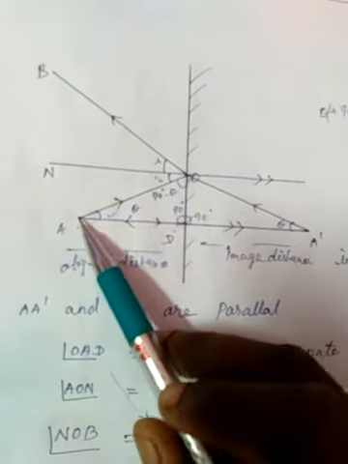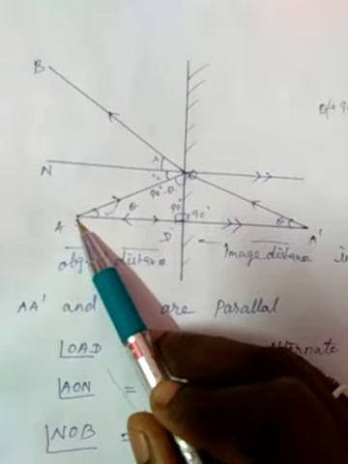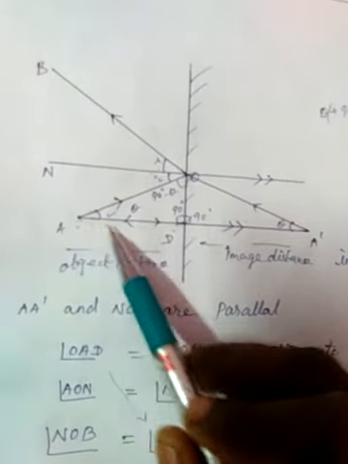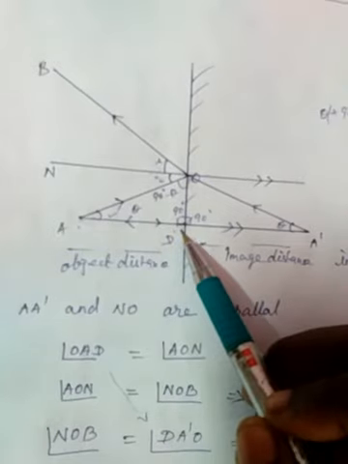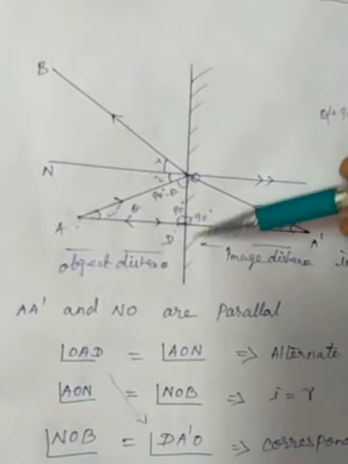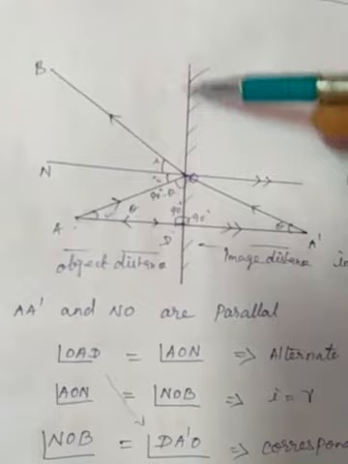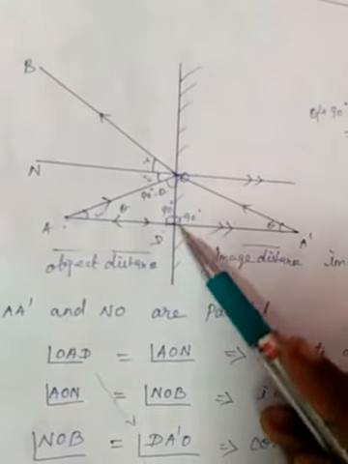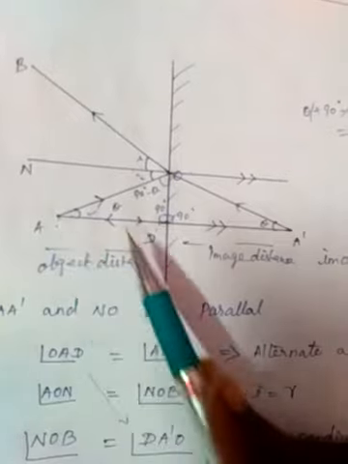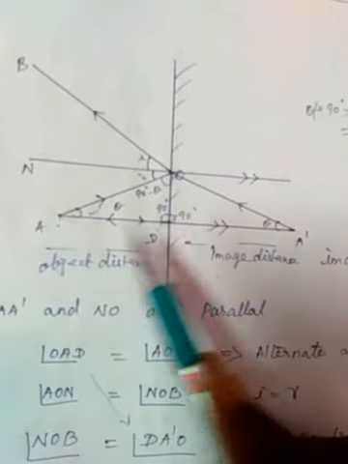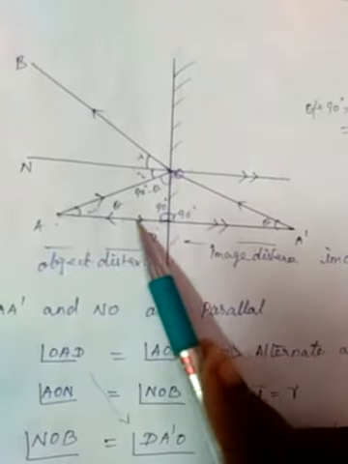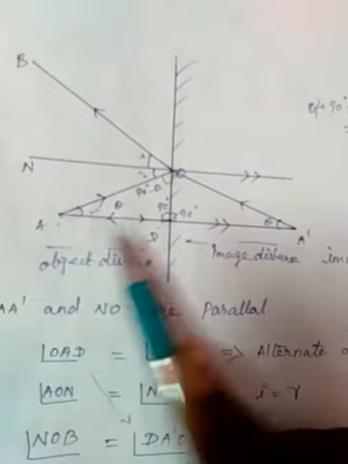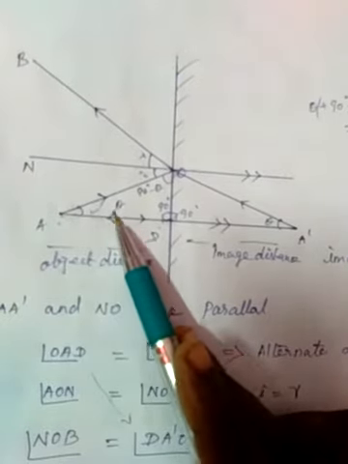The incident ray goes along a straight line and the reflected ray goes the same way, the same straight line. That's why I put the arrow mark like this.